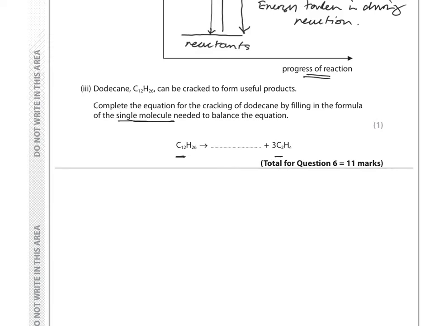So I'm going to have C6, and then my H's, I've got 26 on this side. 3 4s are 12, so 26 minus 12 gives me H14. Now, just as a check, I've got a long chain alkane, that gives me a shorter chain alkane and an alkene, which I know is correct because this is CnH2n+2, so that's my short chain alkane.